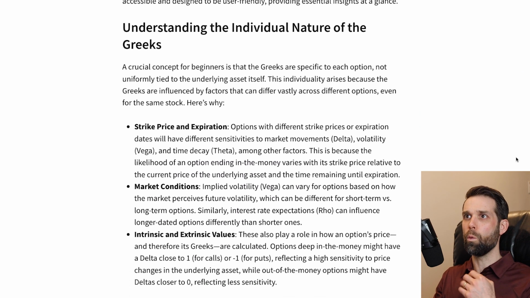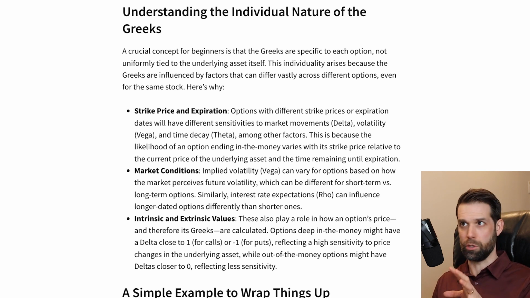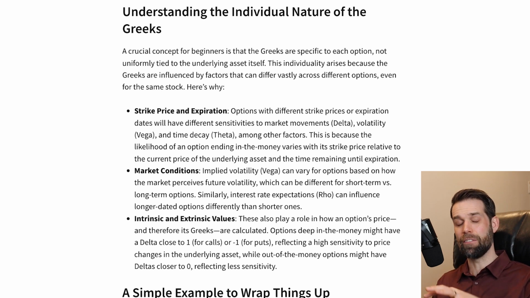And again, one thing to note that I was wondering when I was learning this stuff is that the Greeks are specific to each option. They're not uniformly tied to the underlying stock itself, because they change based on various factors. They're tied to the specific option contract.